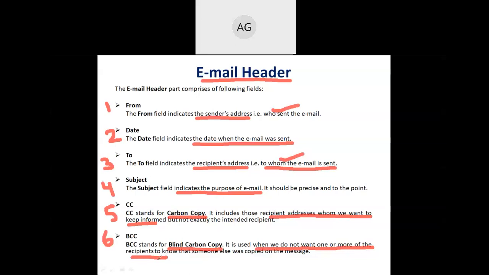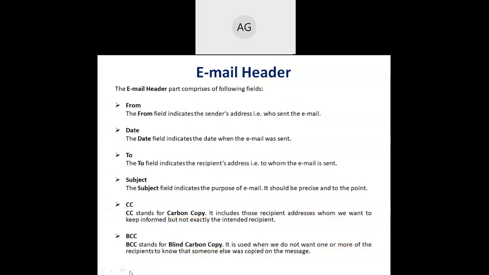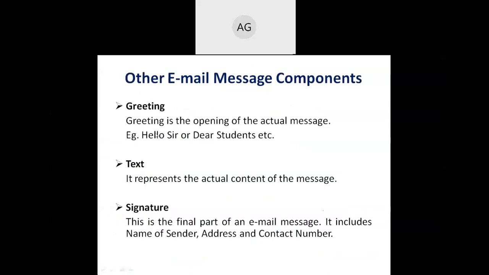Okay, so moving to the next slide. The other components of an email message: the second component is the greeting. The greeting is the opening of the actual message. We start any email with salutations like hello sir or dear students.